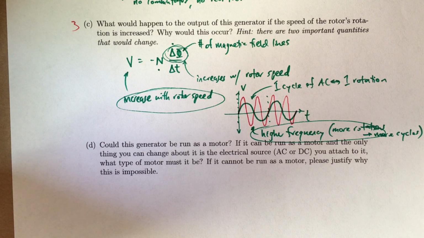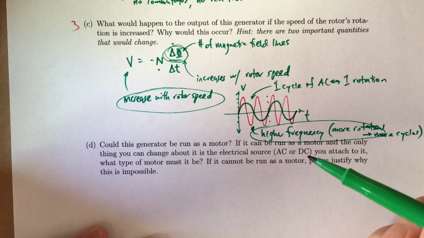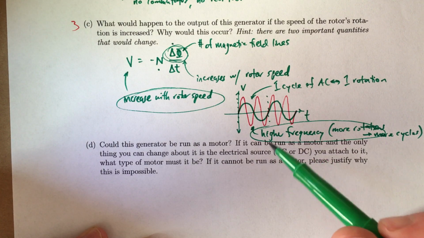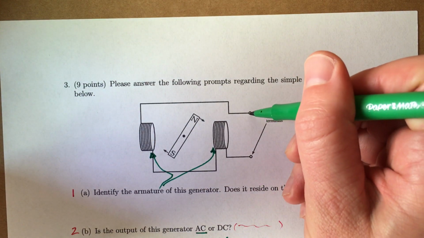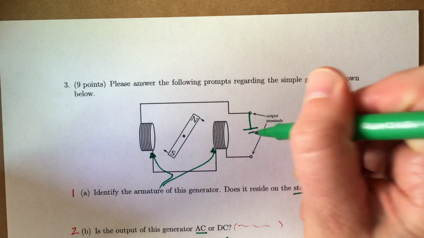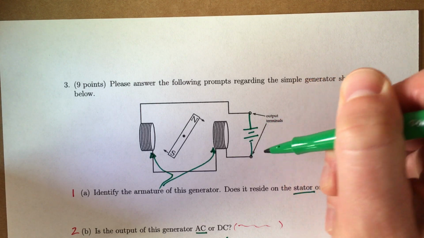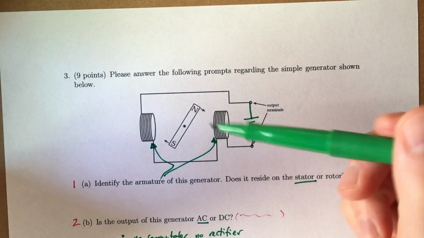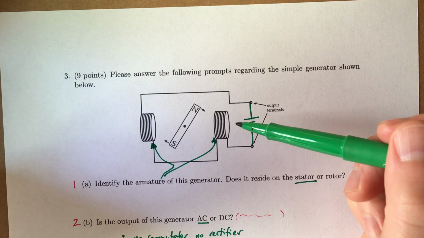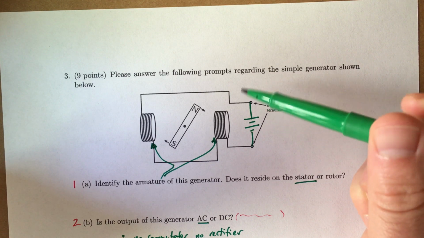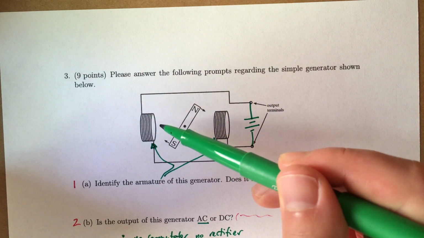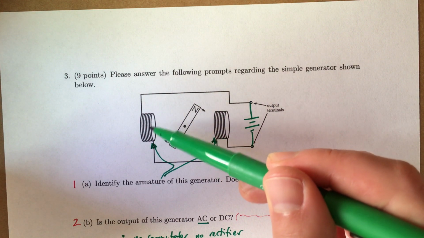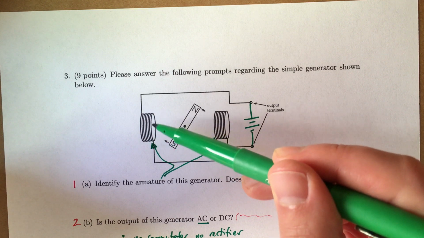So if we go back up to the diagram, let's start by just attaching a DC source. We should immediately recognize this would be a problem, because this would cause a constant current through these now electromagnets, because we're powering them rather than inducing power onto them.